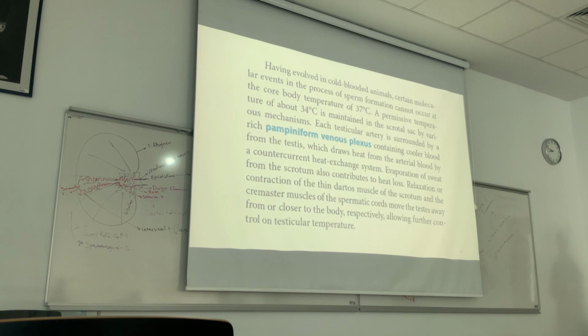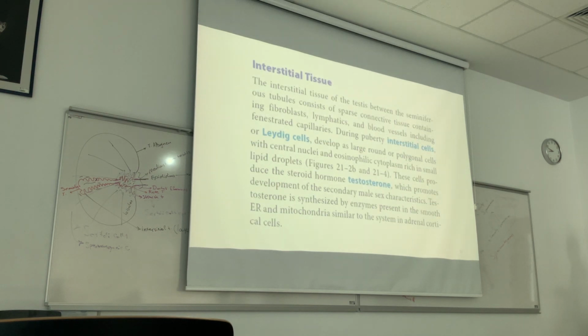From your anatomy lectures, this venous plexus has a role in decreasing the temperature of testis from 37 to 34, because the testis needs 34 degrees Celsius to work in normal condition.